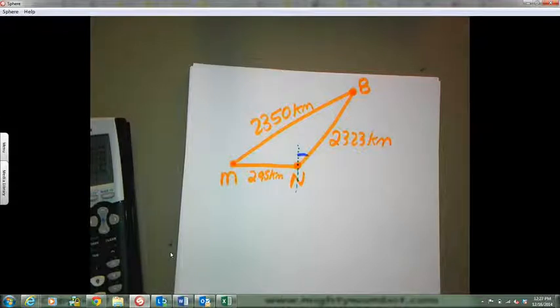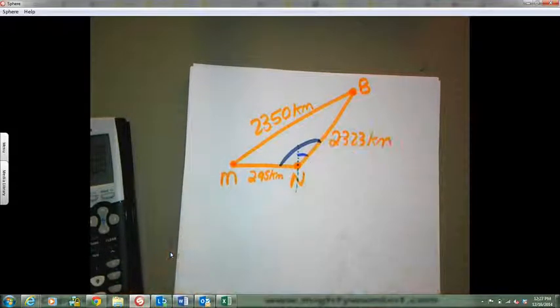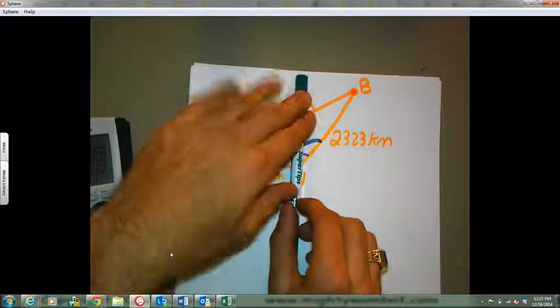Okay, well now I can say the following. If I could find this big angle, then I could just subtract 90, which is here, and I would be left with the bearing.